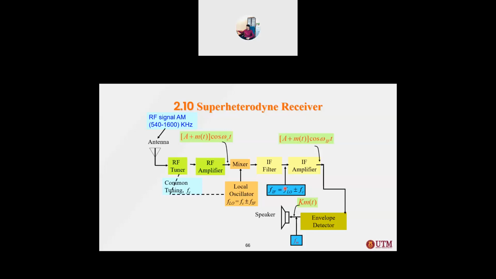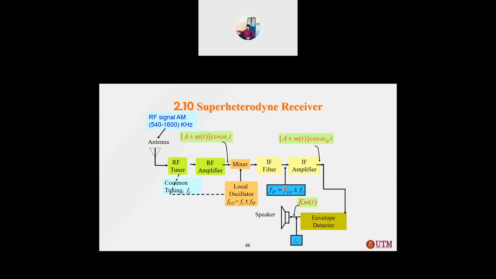If you have a component working in low frequency, it is easier and less expensive. If you have a component working in high frequency, sometimes it is complicated and more expensive. So if you have a question why we want to do heterodyne in the first place, that is one of the reasons.